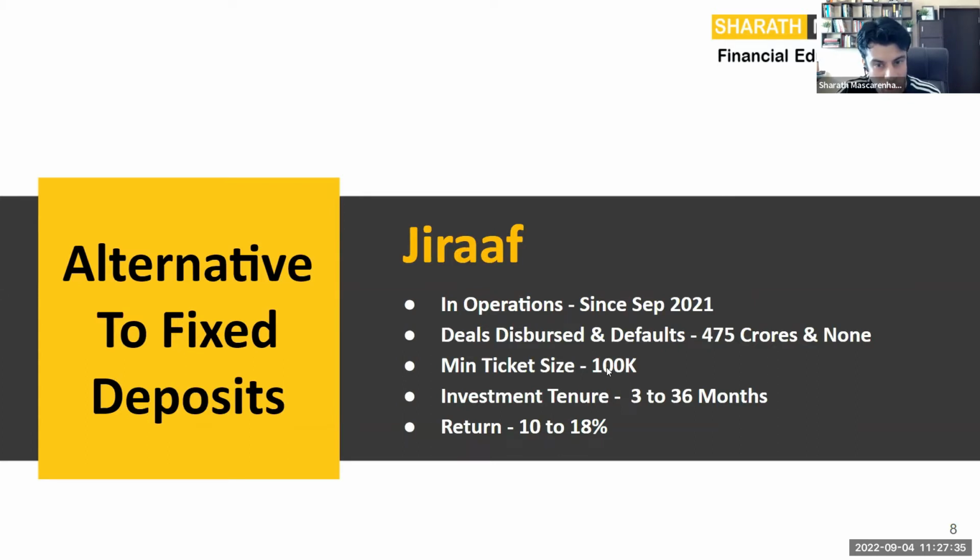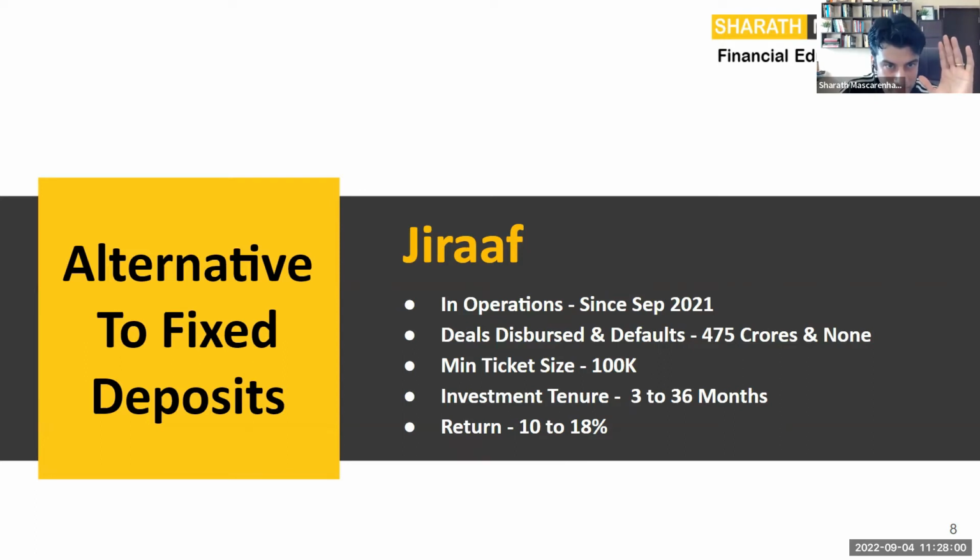The minimum ticket size, as we already know, is 1 lakh rupees. And investment tenure is anywhere between 3 months to 36 months. Now, why did I say that you do not have your money locked in with liquid loans if you're getting an extra 1%? Because Giraffe has bill discounting as an alternative, where your money being locked for 60 to 90 days time, you get a return of anywhere between 10 to 12%.